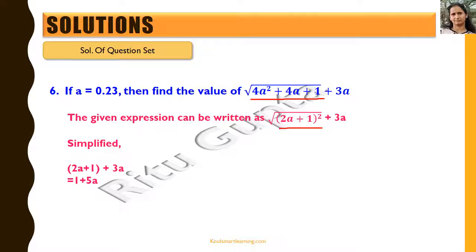So that is 5a plus 1, and we know that a is equal to 0.23. So 1 plus 5 into 0.23, which is 1 plus 1.15, which is 2.15. This is the answer.